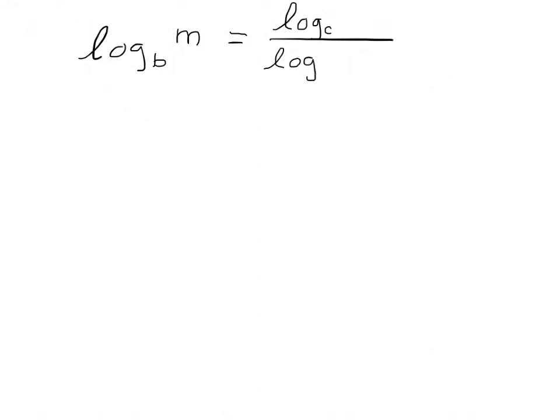So C would be any other number you want, by making a fraction, 1 log on top, 1 log on the bottom. And what happens is you take the argument of the log here, this m, and use that one on top, and you use the base of the logarithm b and put it in the bottom of the fraction. Base, bottom, b, bottom of the fraction. And there's the change of base formula.